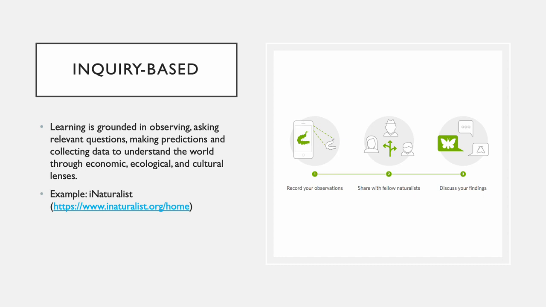That'll be shared with other naturalists who might go, I don't think that's what that is because of XYZ, and it'll give you a new suggestion of what they think it is. So you're kind of collaborating in this citizen science way of identifying different plants and animals and insects in your area, and also collaborating with different scientists across the world.